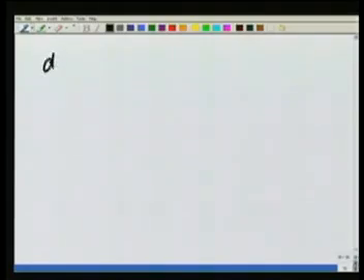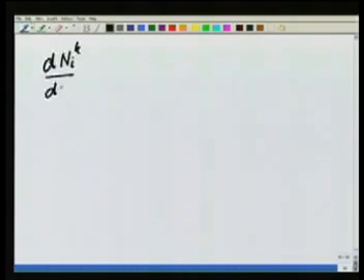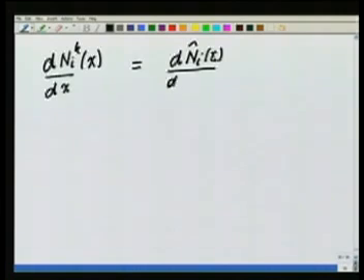So, we will have d ni k dx as a function of x is equal to d ni hat d psi into 2 by hk.